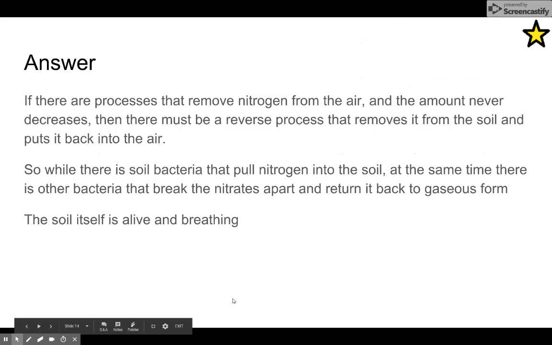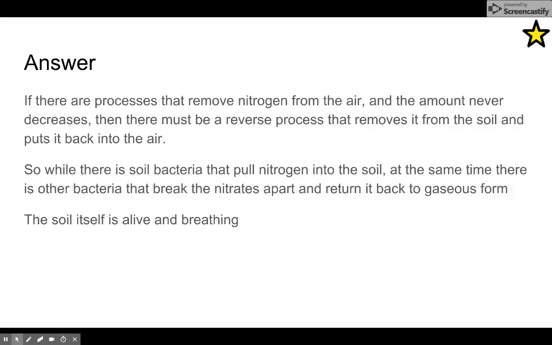So here's the answer. If you think about it, if there are processes that remove nitrogen from the air and the amount never decreases, then there has to be something that's putting it back. So while there is a soil bacteria that pulls nitrogen into the soil, at the same time, there must be another bacteria that breaks the nitrates apart and returns it back to gaseous form.